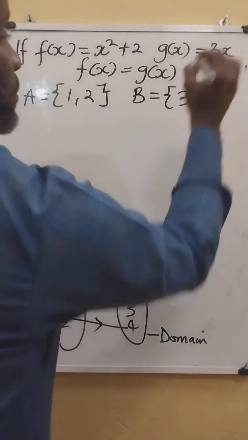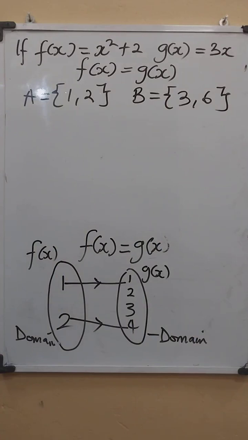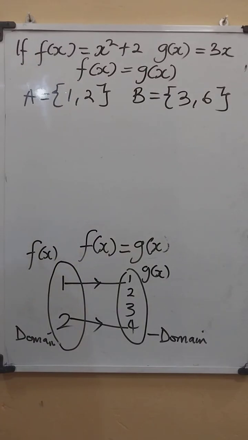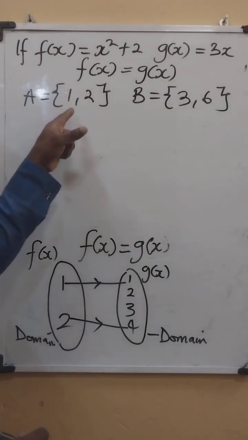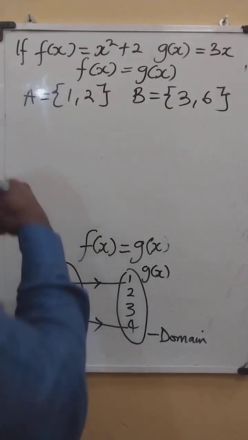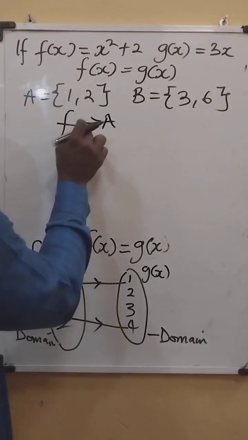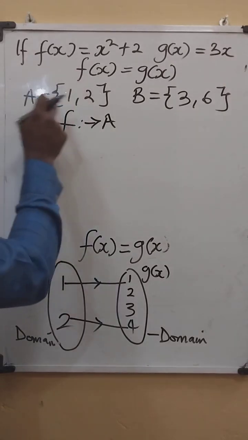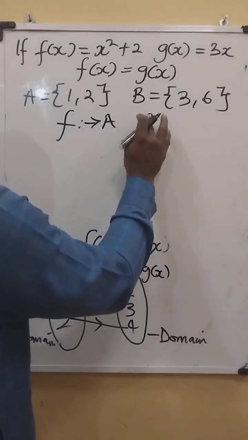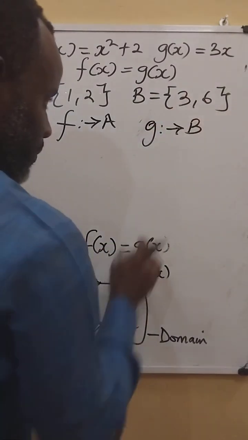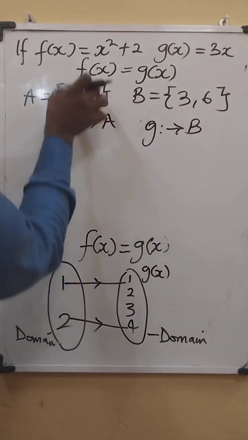How do we prove this, that the function f of x is equal to g of x? So what you are just going to do is that for each of, so A now is actually mapping f, and B is for g. In this case now, this is the domain, this is this domain.